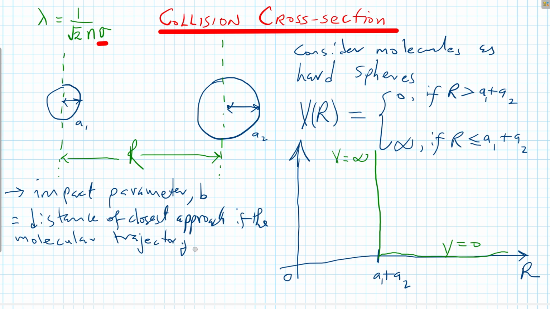So let's say its trajectories were undeflected. Okay, so that's the definition of B.